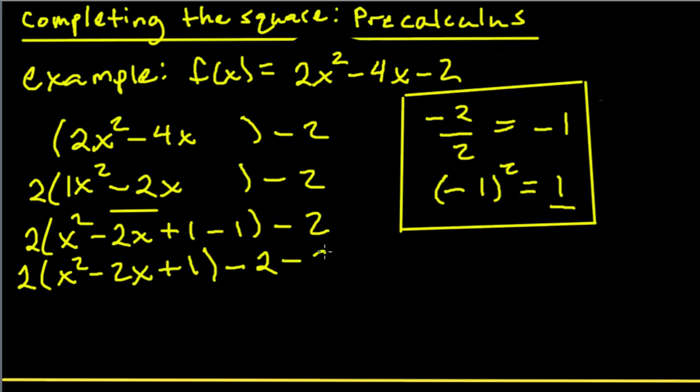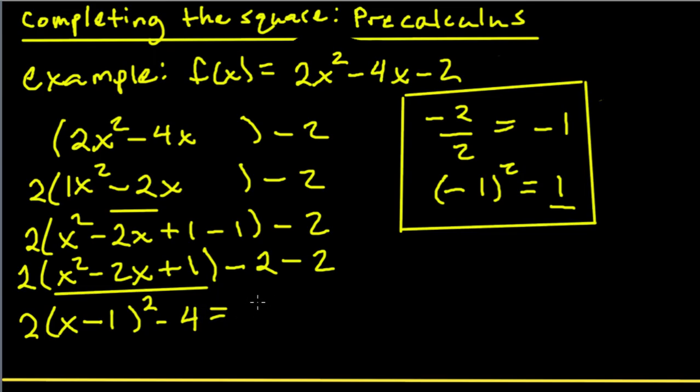And then we still have the negative 2 out here. Remember, this right here is now a perfect square. We always have x, and we look over here, and this is minus 1, so we put minus 1, squared. Then negative 2 minus 2 is negative 4. And this is just our function rewritten.